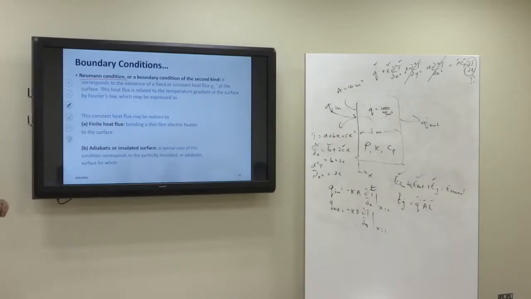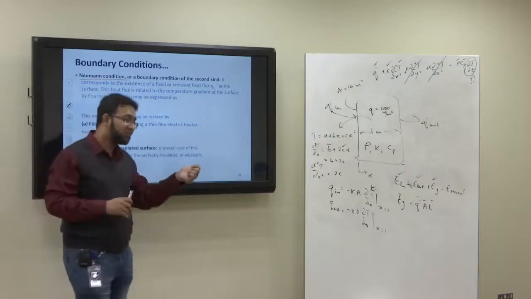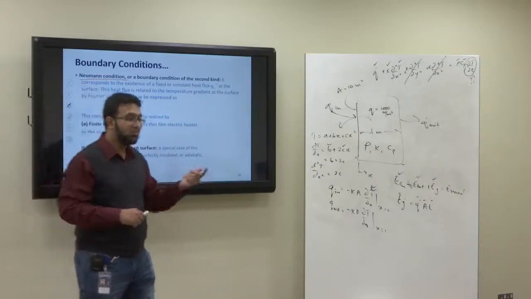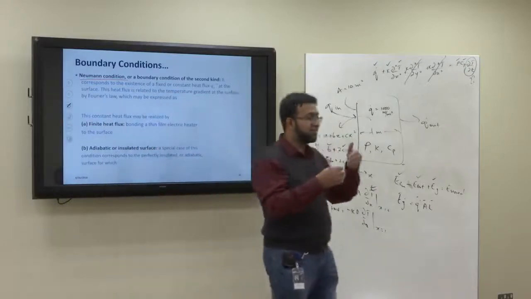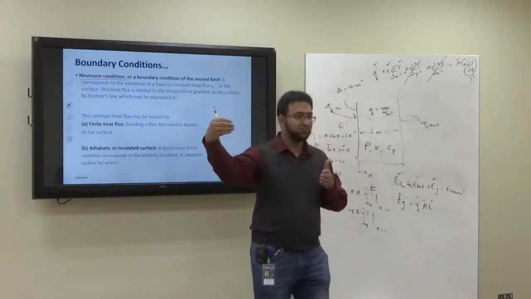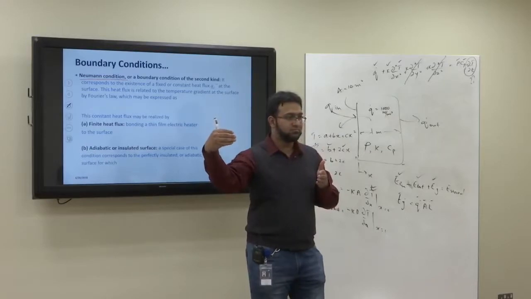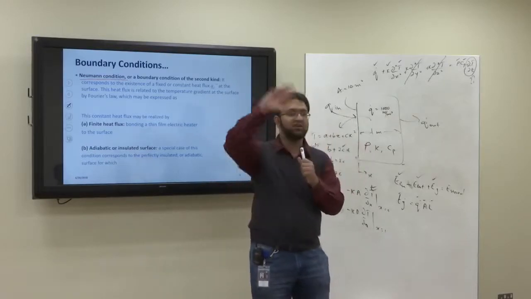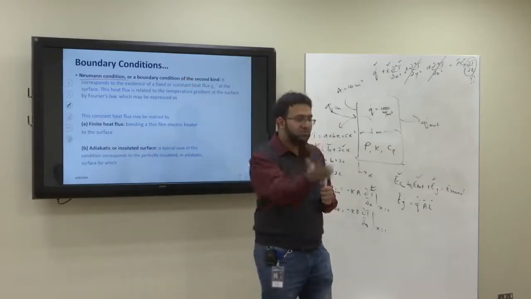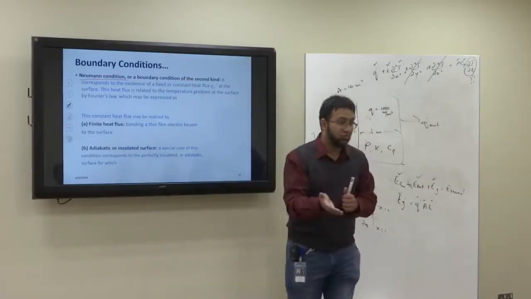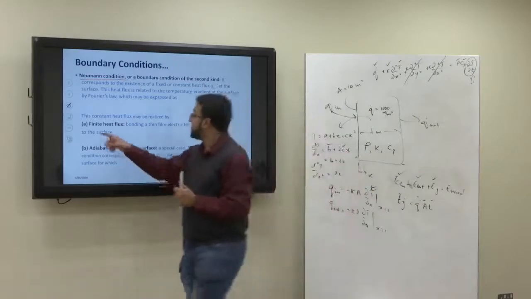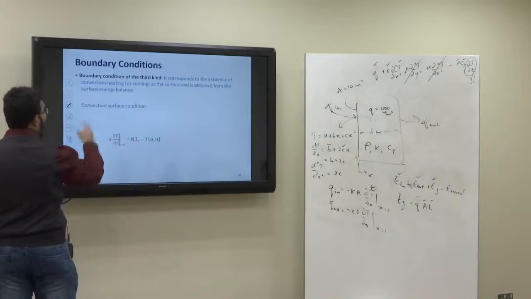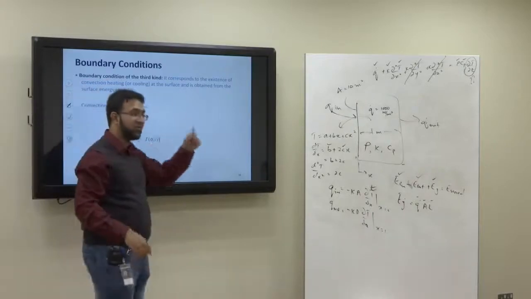And there is a third kind of boundary condition in which neither the heat flux nor the temperature of the surface is known, but what is known is that the amount of heat conducted at the surface equals the amount of heat convected out of the surface. This is the third kind of boundary condition. We don't have any name for it, we just call it the boundary condition of the third kind.